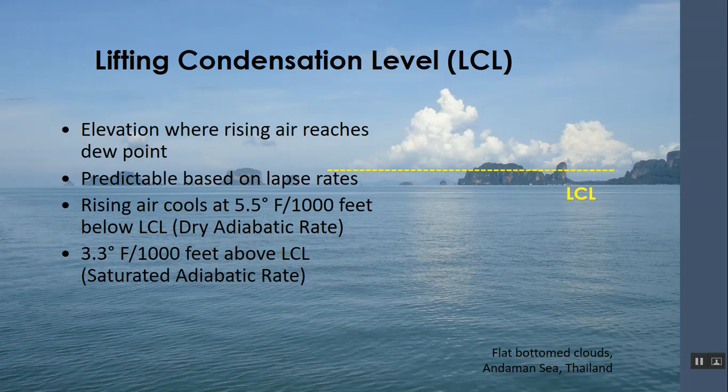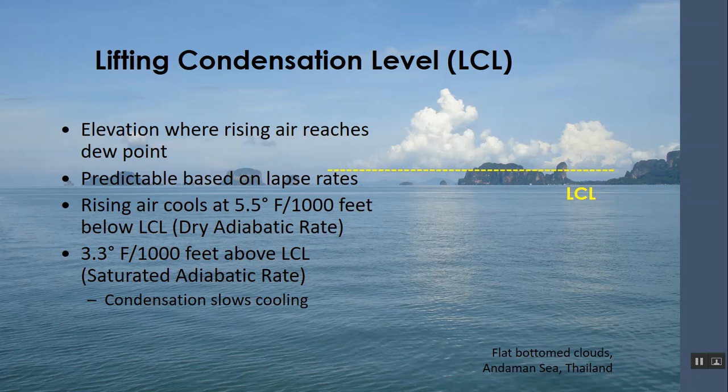It cools 3.5 degrees per 1,000 feet above the LCL, which is called the saturated adiabatic rate. So if you know the dew point, you can actually look up and know what the temperature is at that lifting condensation level. And you can also calculate how high that is based upon these predicted lapse rates.